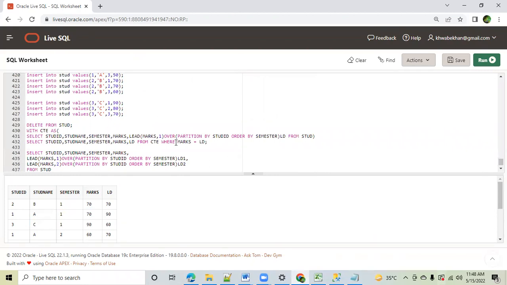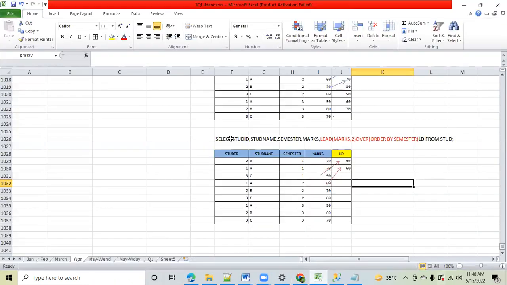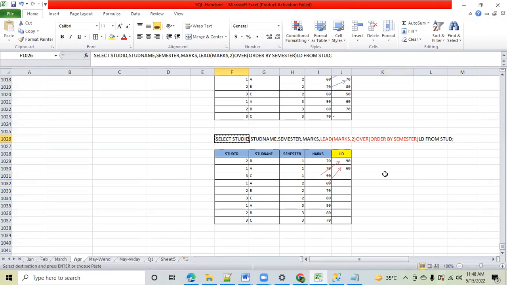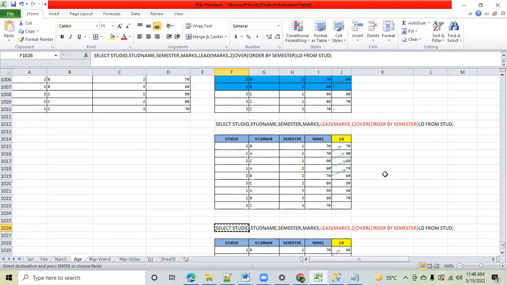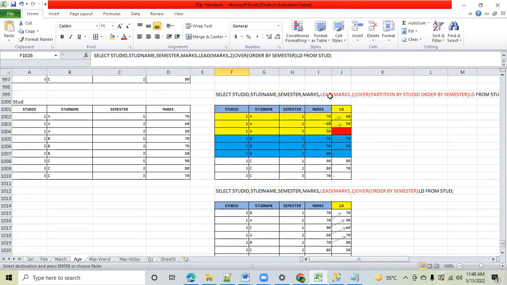Okay, I think this is a question here. So is this clear? Lead marks comma 2, marks comma 3, marks comma 1. Is that clear, or do you want me to repeat this? Anyone? Clear? Okay. Similarly, here if you want, you can change this to marks comma 2 or marks comma 3.